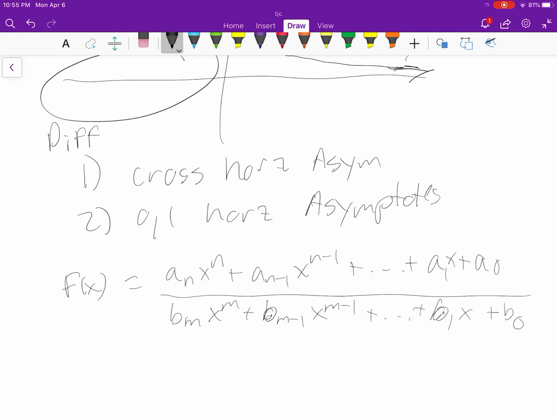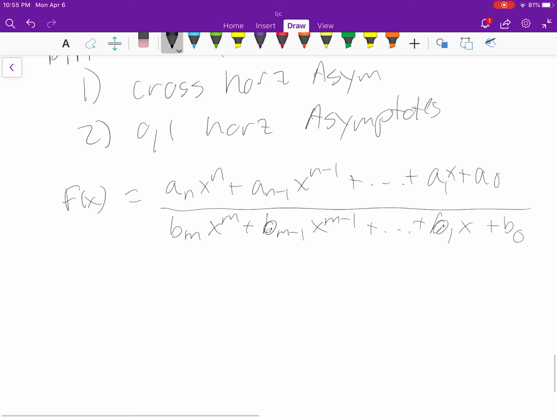So you have this function, and it's a rational function. I've written it out like this, with our numerator and denominator.